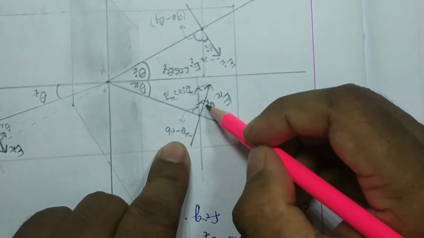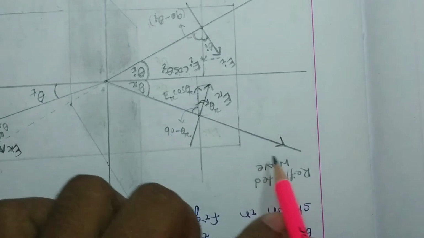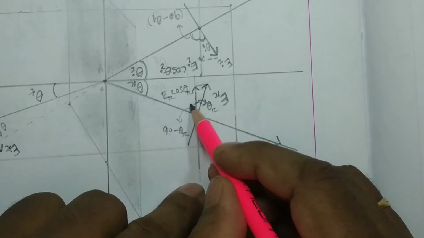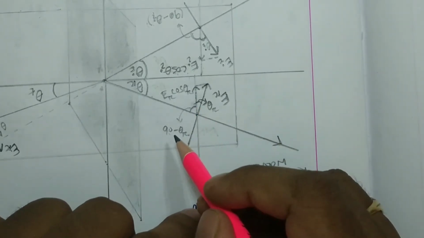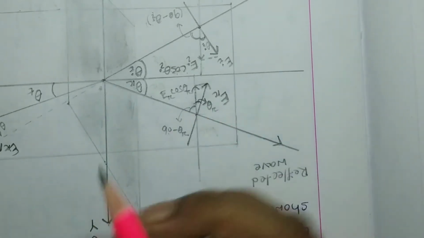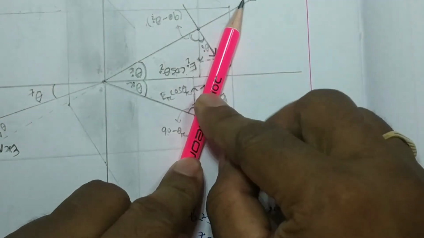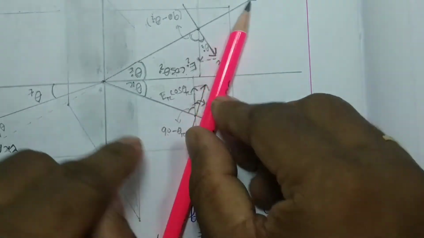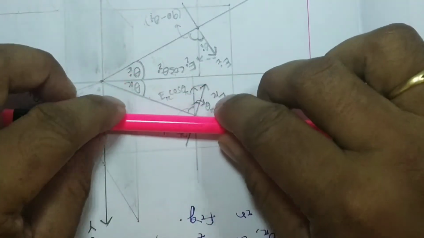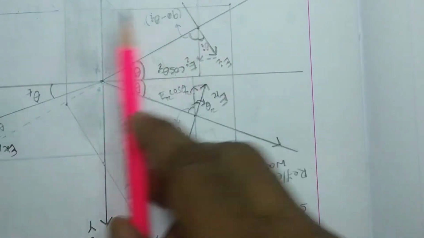As the ER component is always perpendicular to the reflected line, this whole angle is 90 degrees. So with 90 minus theta r, this angle will be theta r. If this one is your ER component, then this will be your ER cos theta r component and this will be your ER sin theta r component. We are not bothering about the sin theta component, we are bothering about the tangential component.